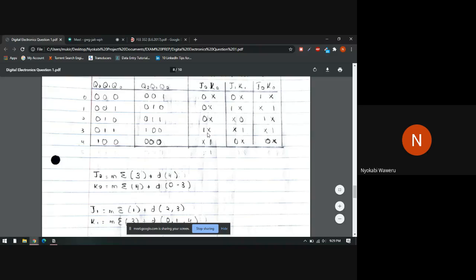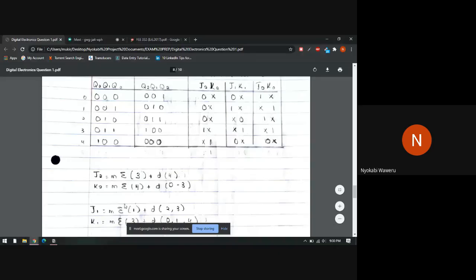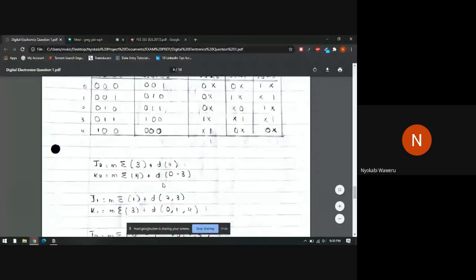For K2 we had the min term at 4, the don't care values 0, 1, 2, 3. And for J1 we had min term at 1, don't care at 2, 3. So that's how we did this.